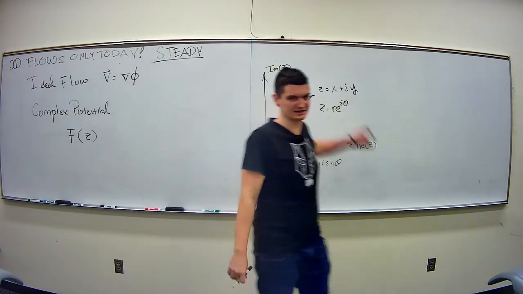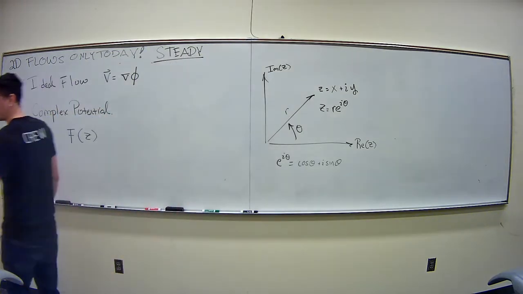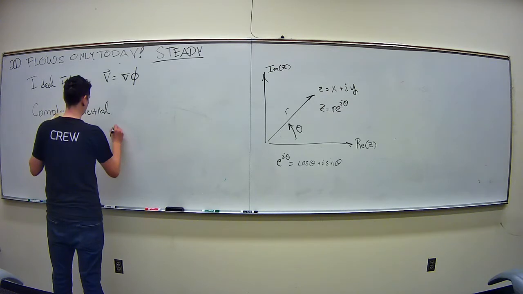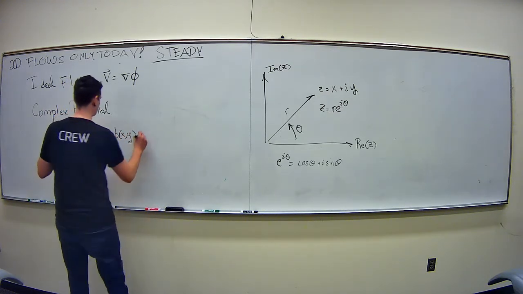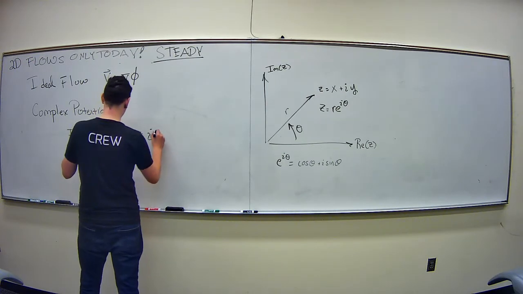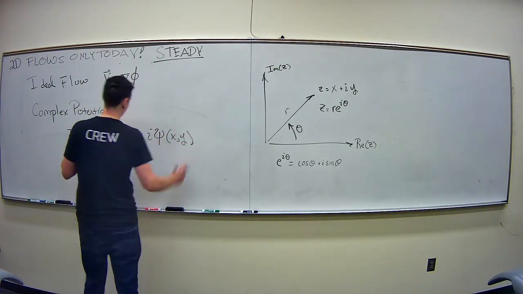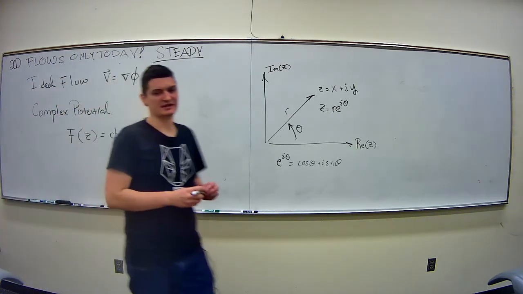This is what z is. It exists in the complex plane. And I look for a complex potential here, where the real part is my velocity potential. The stream function then is added on.